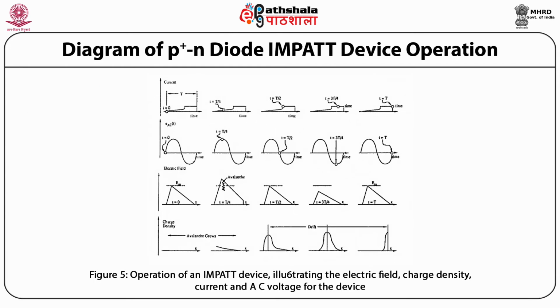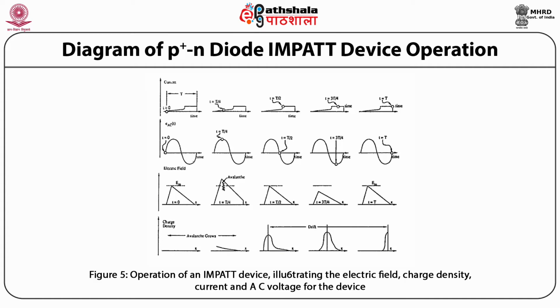P plus N diode Impatt device operation. So students, let us now discuss its operation, and the schematic of the Impatt device or the basic process behind its operation is shown in this figure.